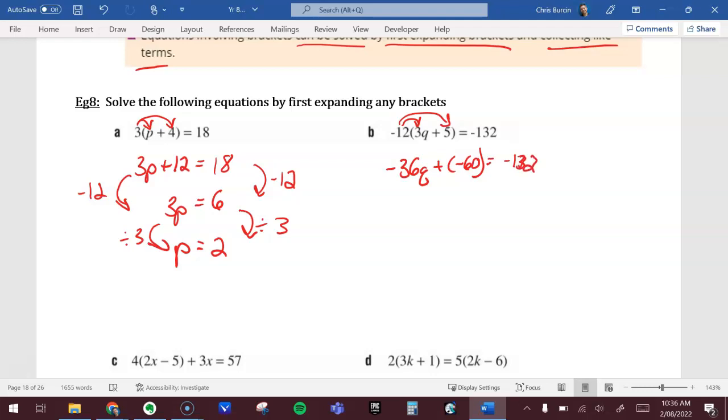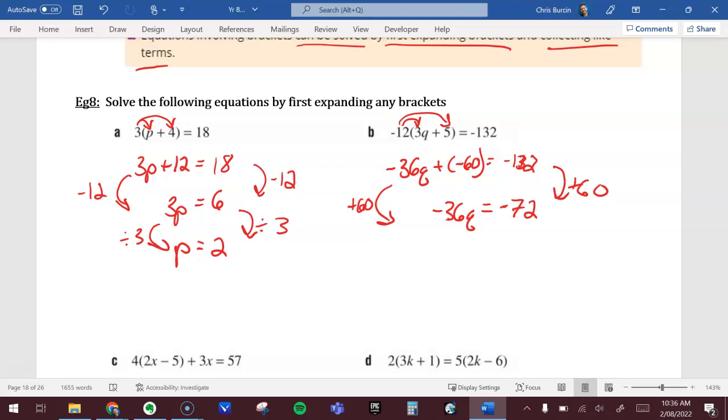Okay, now what am I going to do? I'm going to get rid of that negative 60 by adding 60 to both sides. I'm going to add 60, so that leaves me with negative 36q. Apologies again, my equal signs don't line up. And that leaves us with negative 72, because we've added 60 onto that negative number. And then we're going to divide. I don't want to be in negative land. I want to be in positive land.